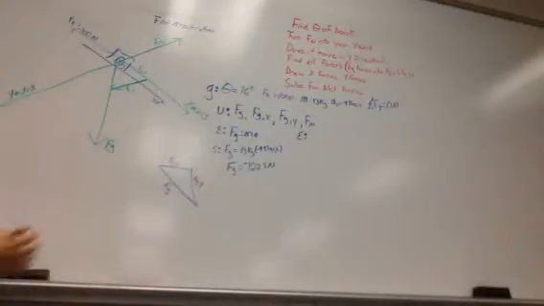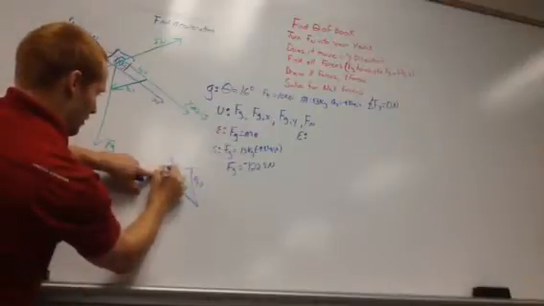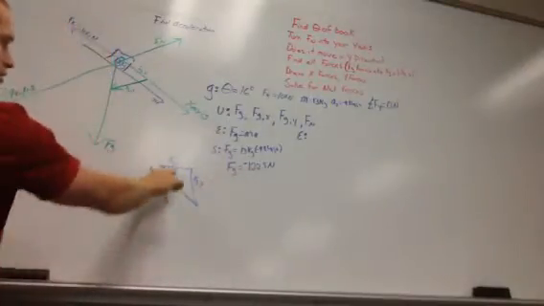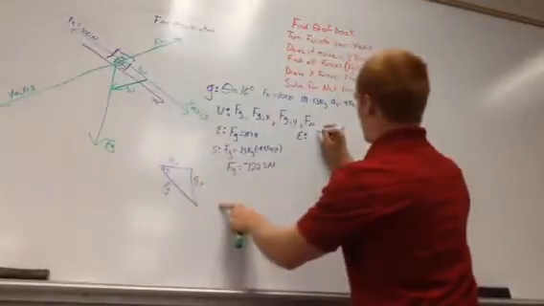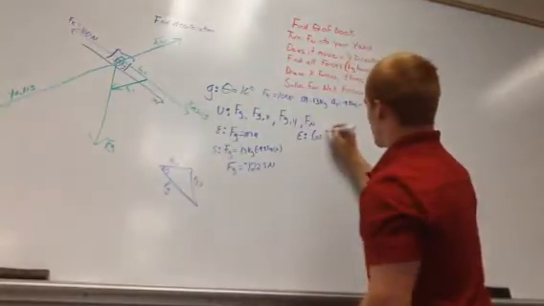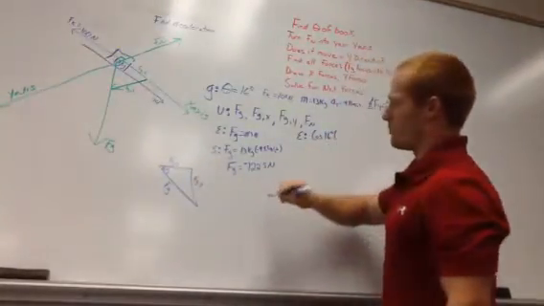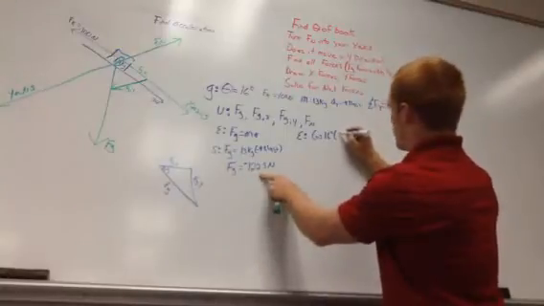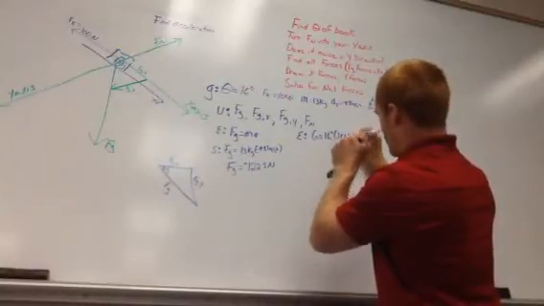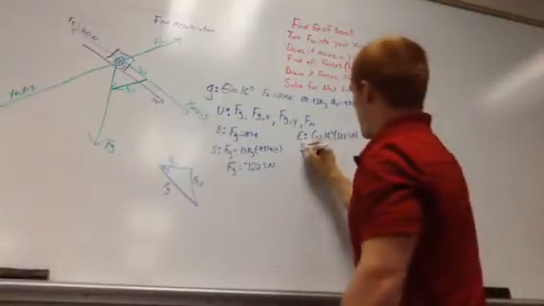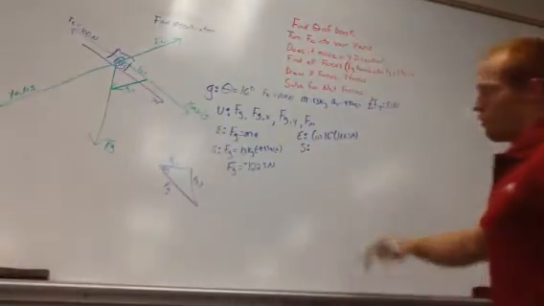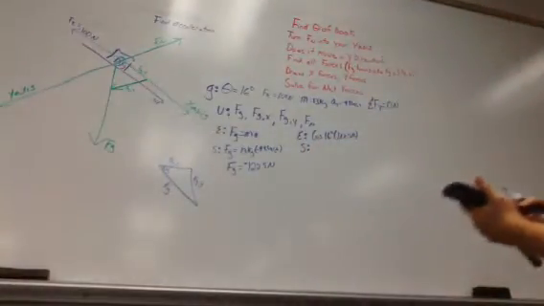If that's better for you to see, this would be 16 degrees, and we already have this value, so we're going to do cosine to find x. We're going to do cosine 16 degrees times our Fg, which is 122.5 newtons, and this will give us our Fg of x.